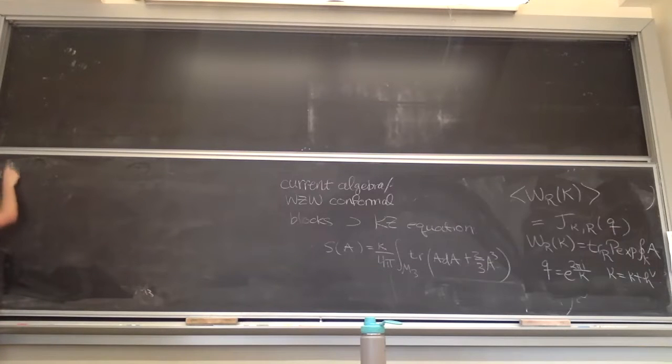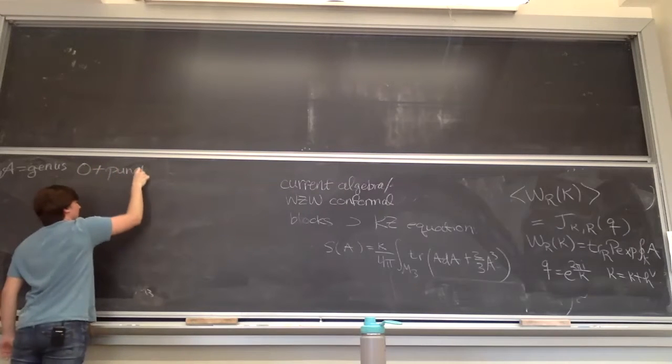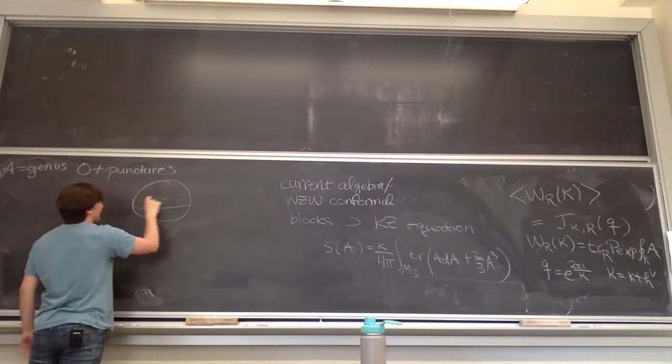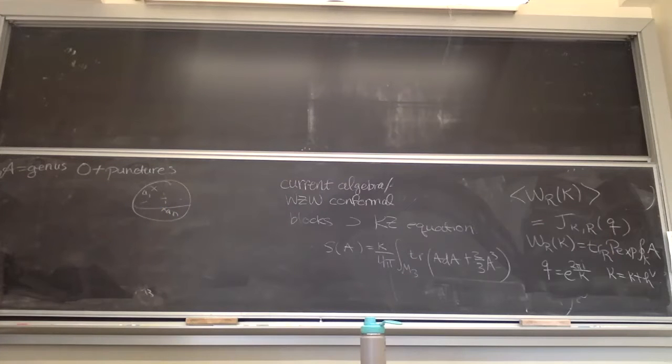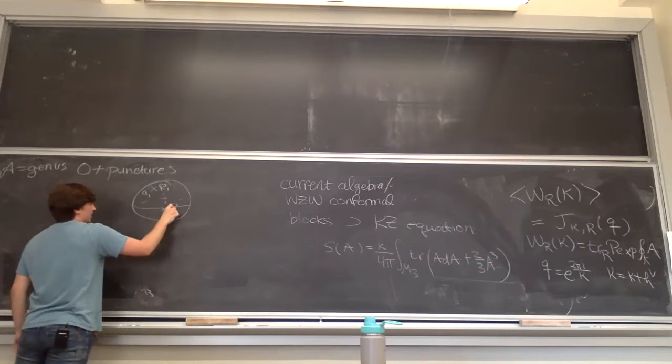So when A is something of genus 0, and you have some punctures. So just again, completely generally, you can think of it like this. Pretty soon we'll want to think of it as a cylinder. The conformal blocks have a pretty simple description. So remember, these are really labeled by representations in Chern-Simons theory.